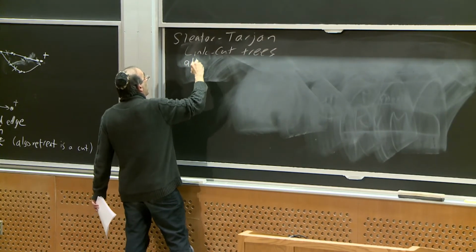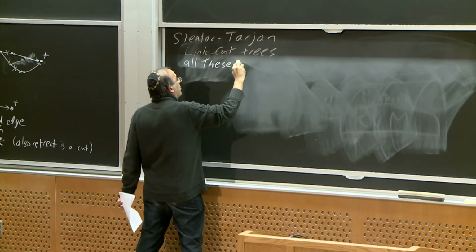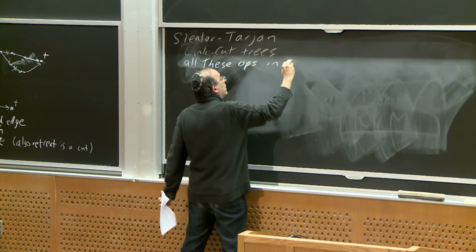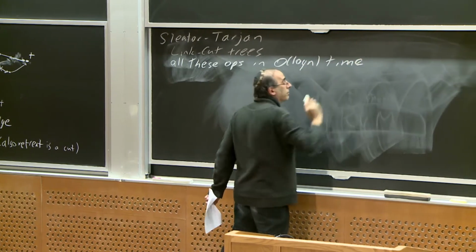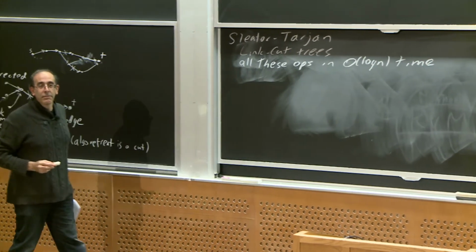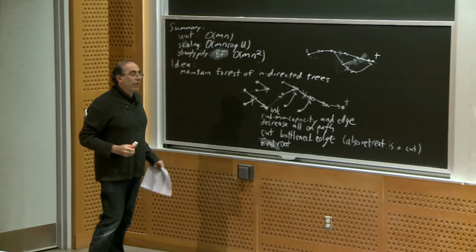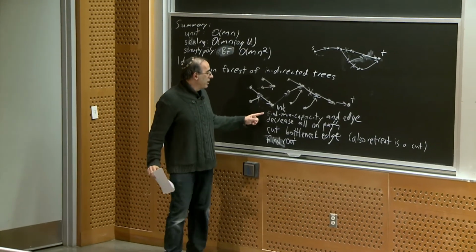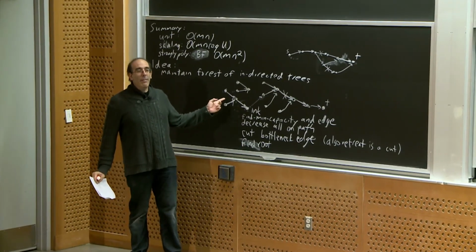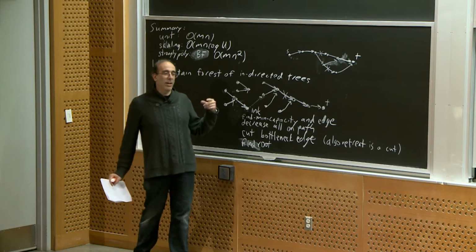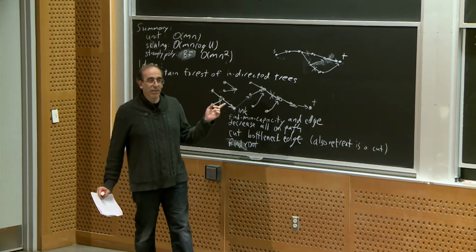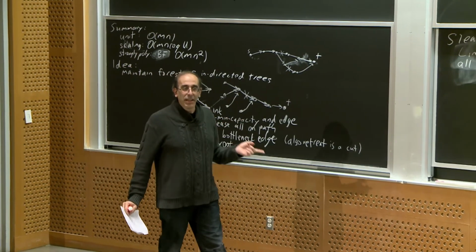And they do all these operations that I just described in order log n time. Okay. So no matter how long the path is, you can find the root of that path in log n time. You can find the min capacity on that path in log n time. You can decrease the capacities of all of the edges, no matter how many they are, in log n time.